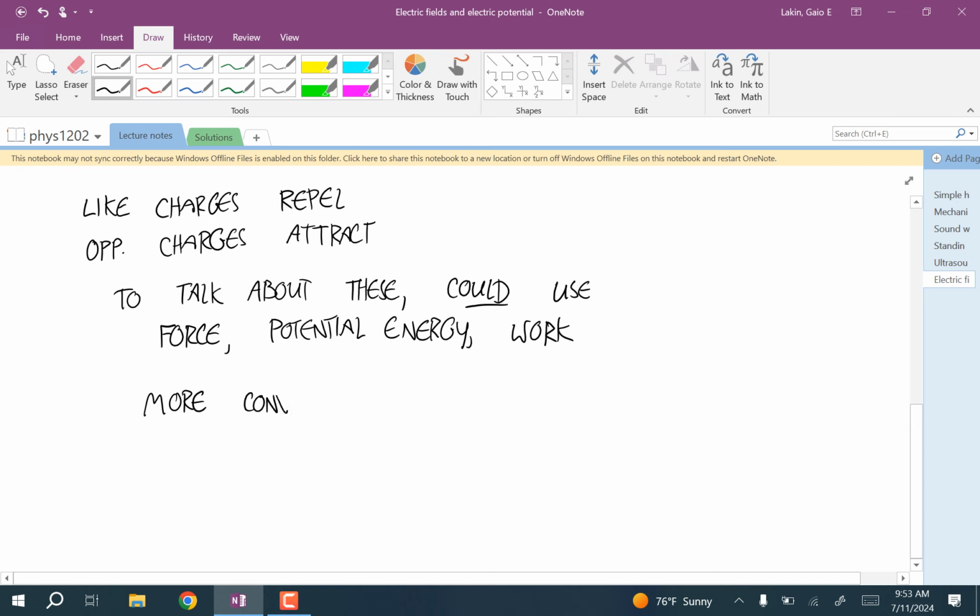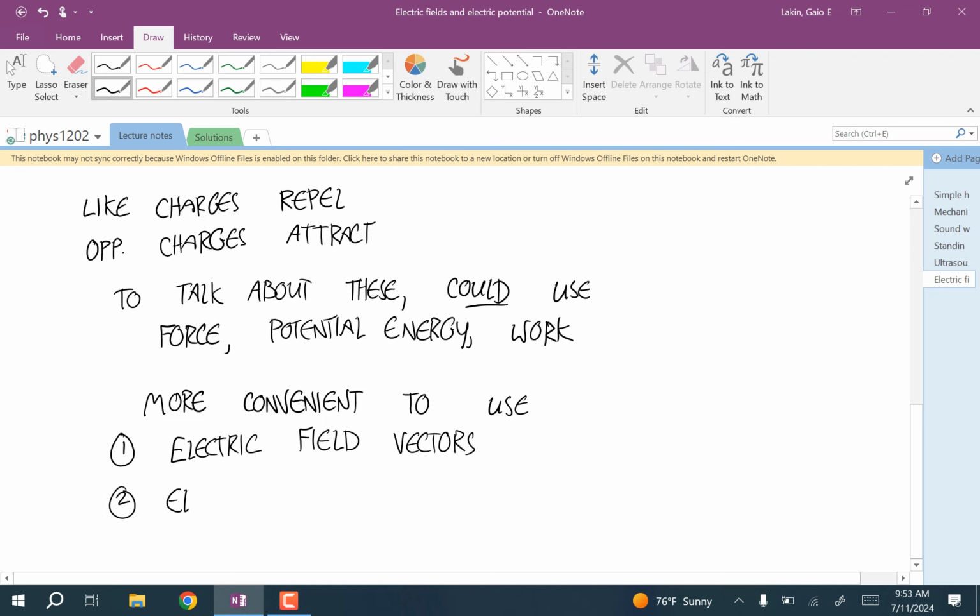So it's more convenient to use these new ideas, and those are the electric field vectors and electric potential.